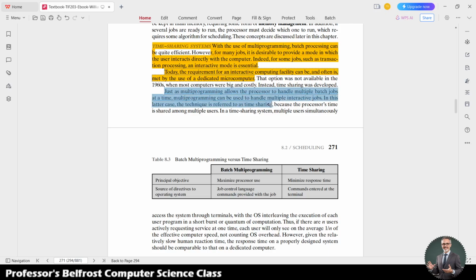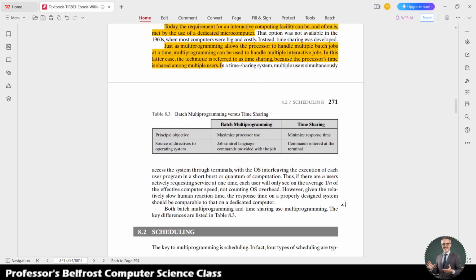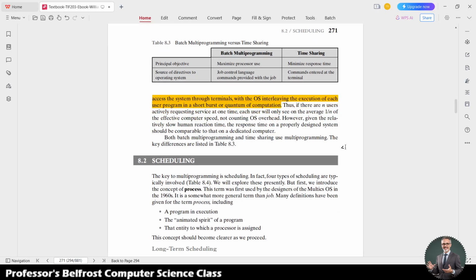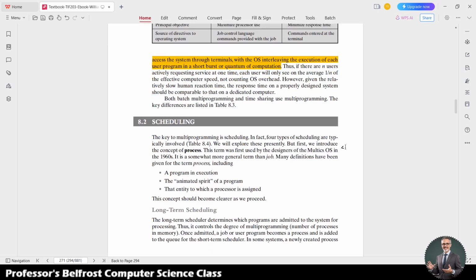This technique is called time sharing because the processor time is shared among multiple users. Multiple users simultaneously access the system through terminals, with the OS interleaving the execution of each user program in short bursts or quanta of computation.